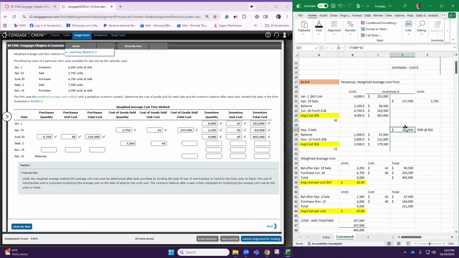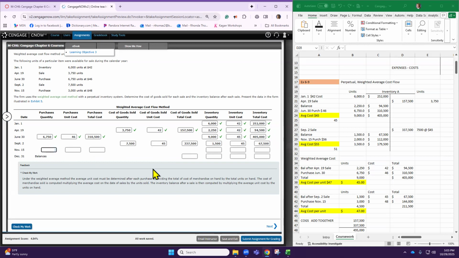I want to make sure my math is correct. Yep, it is 337,500. So what do you have remaining after that sale? We had a balance of 1,500 units at a cost of 45, so that's $67,500 after the second sale.